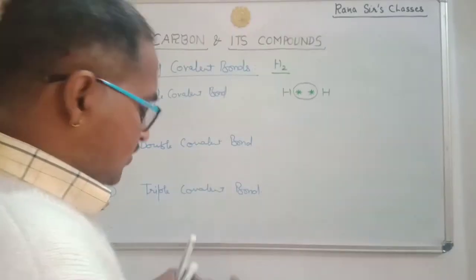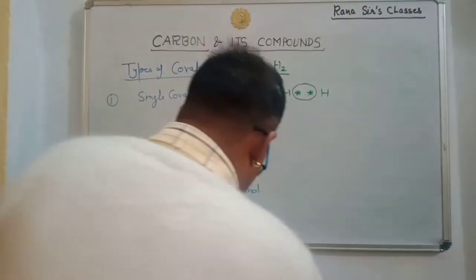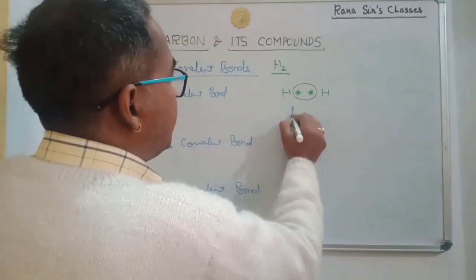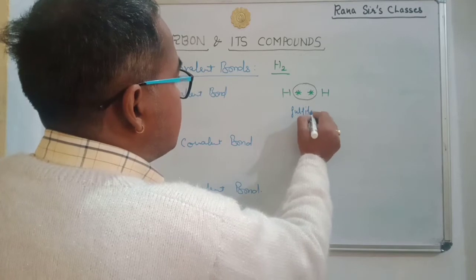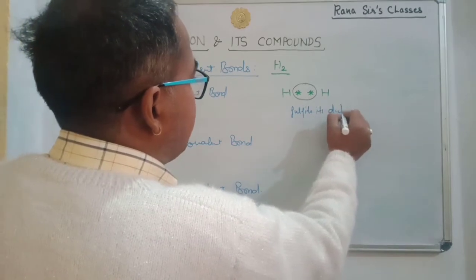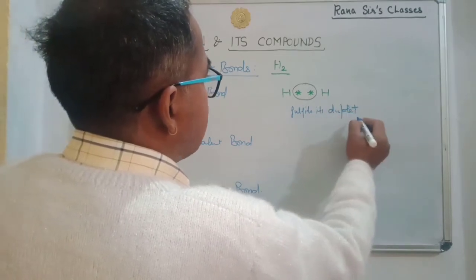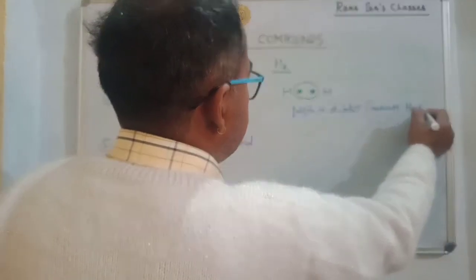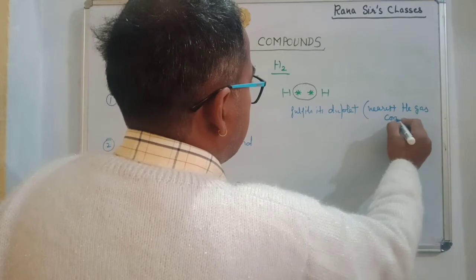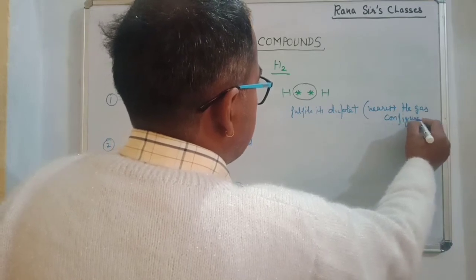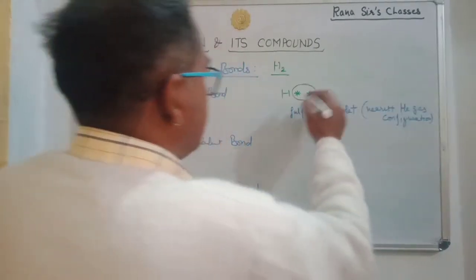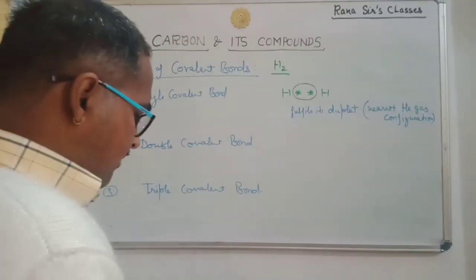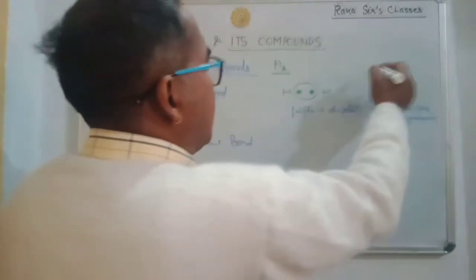Sharing of these electrons takes place, and hydrogen fulfills its duplet, attaining the nearest noble gas configuration, that is helium.